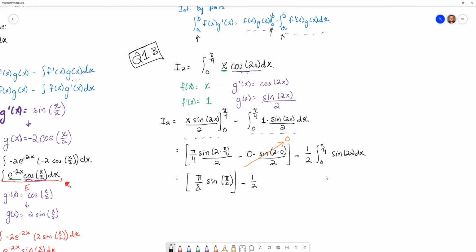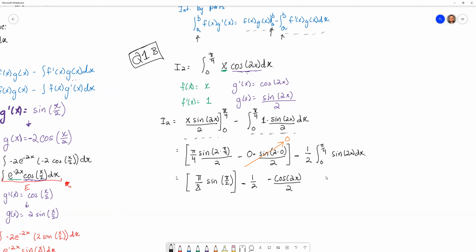Minus 1 over 2. Okay, and then we have the integral of sine 2x. The integral of sine 2x is minus cos 2x over 2.